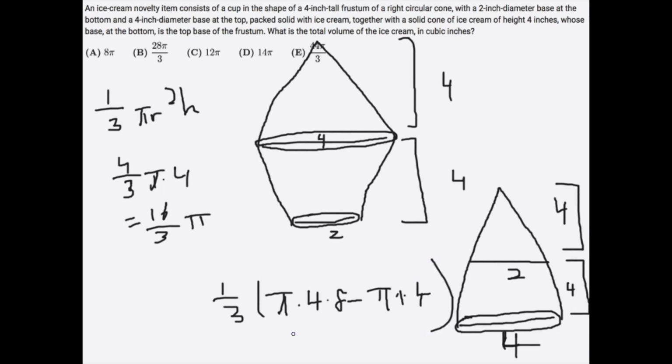If we do this, we get 32 pi minus 4 pi, which is 28 pi. So this is 28 pi over 3. And all that's left to do is just add these two, and we get 44 over 3 pi, which is E.